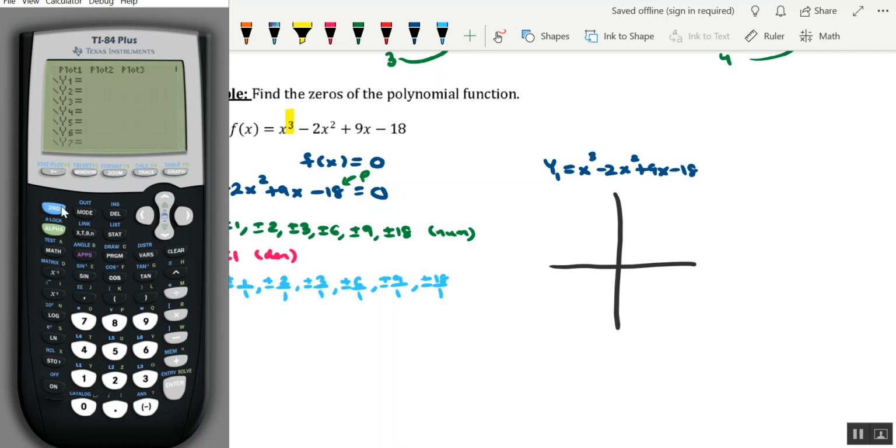In y equals, we'll type in the polynomial function. We'll hit zoom 6. And I'll go ahead and sketch that out in this coordinate plane.